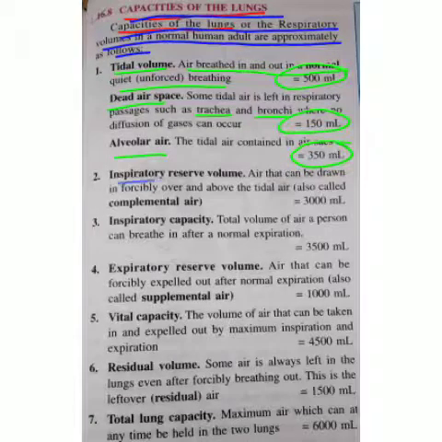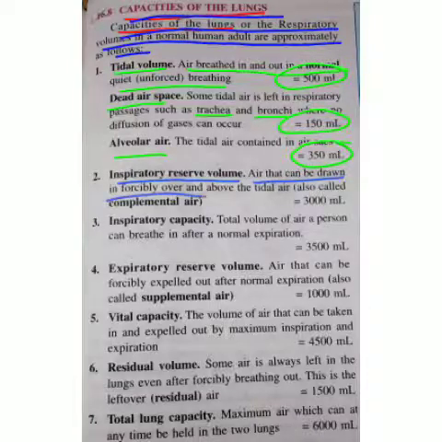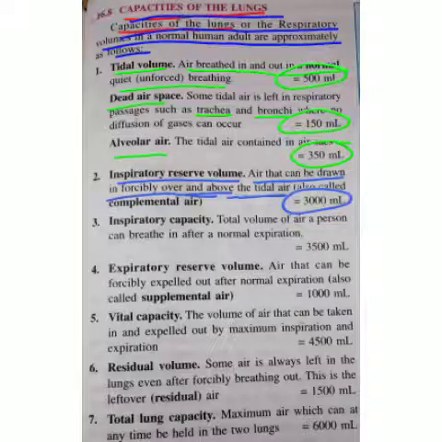Next is inspiratory reserve volume. So here, air that can be drawn in forcibly over and above tidal volume, which is up to 3000 milliliters, and this is also called complemental air.